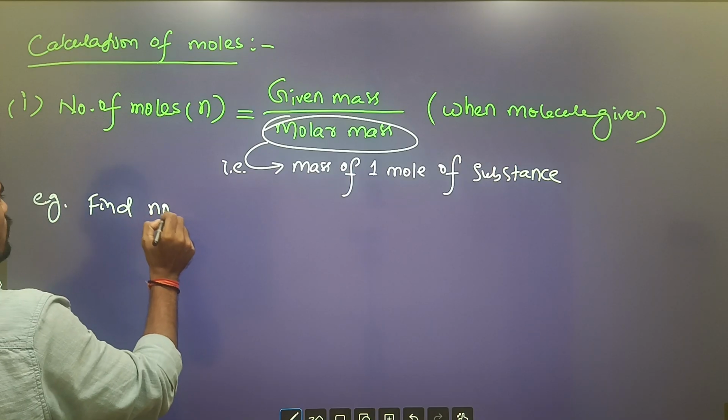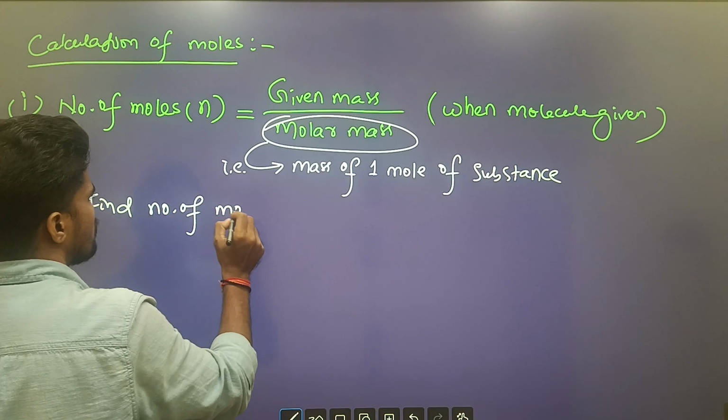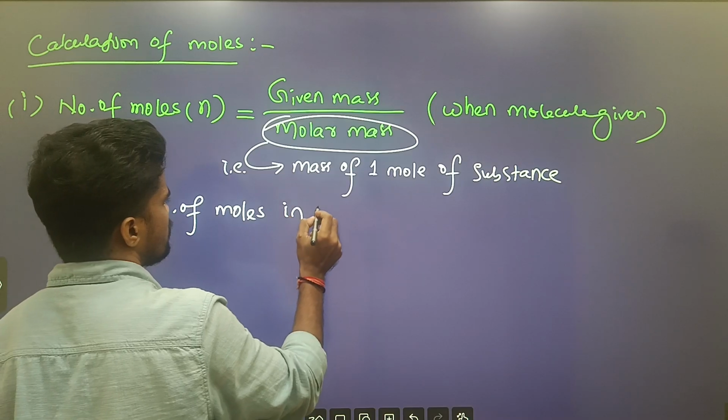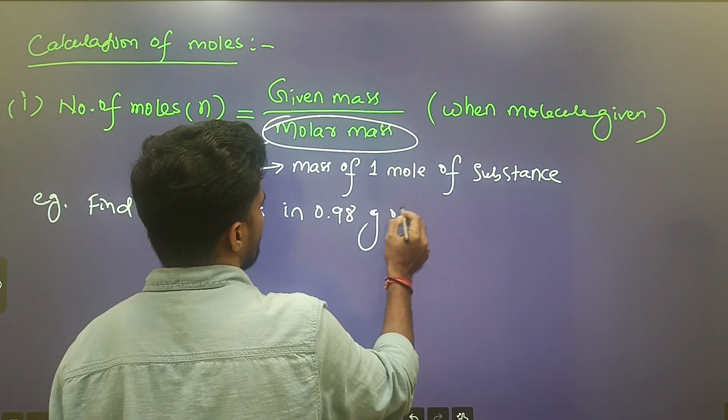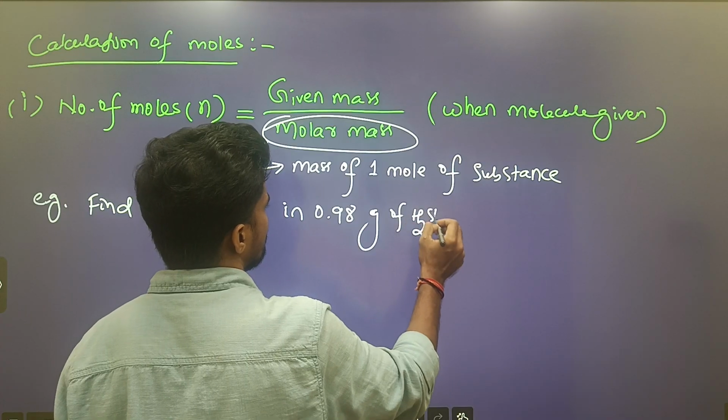Example: find the number of moles in 0.98 gram of sulfuric acid.